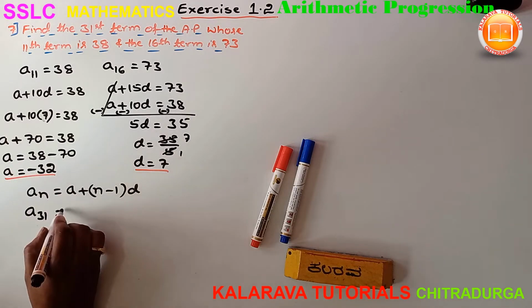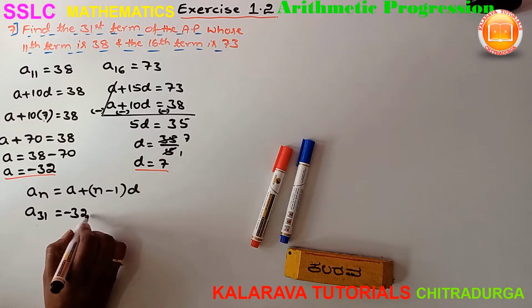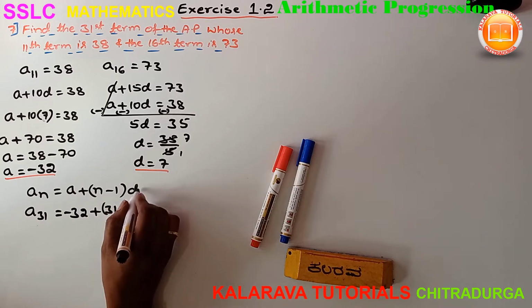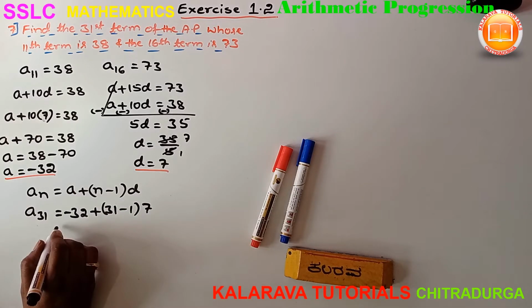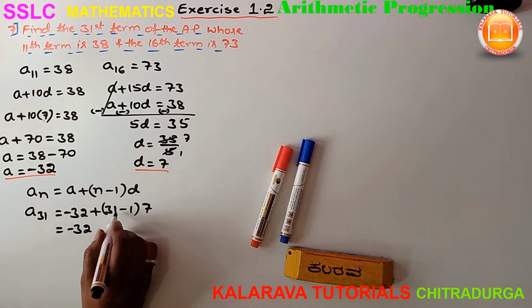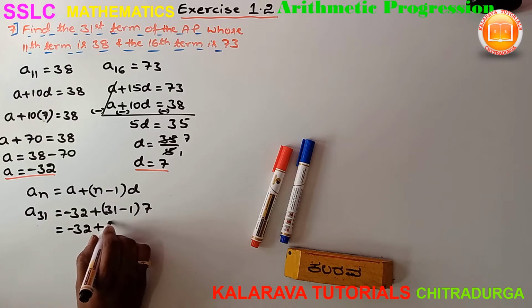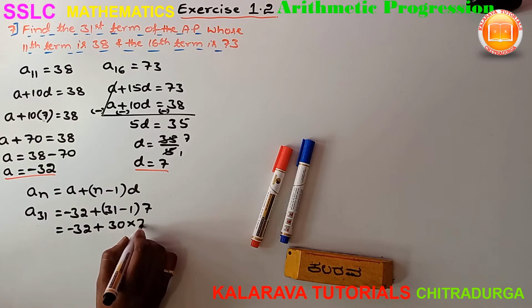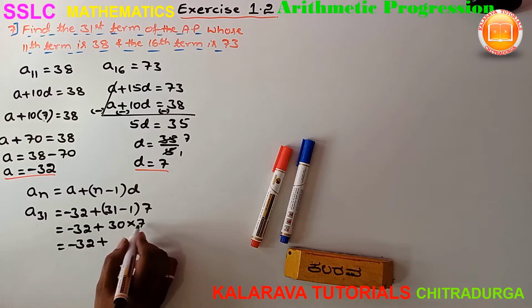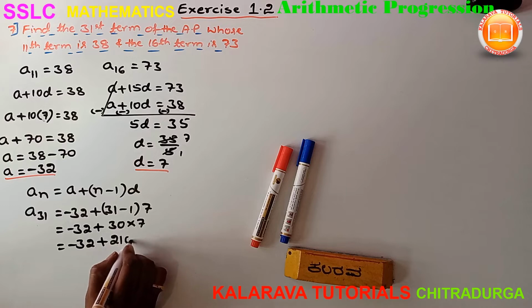The value of A is minus 32 plus 31 minus 1 into D, which is 7. So 31 minus 1 gives 30, 30 into 7, that is 210.